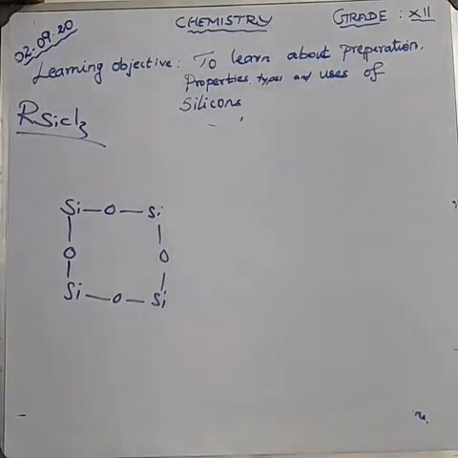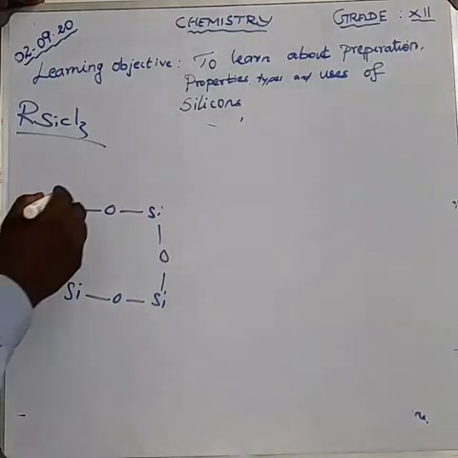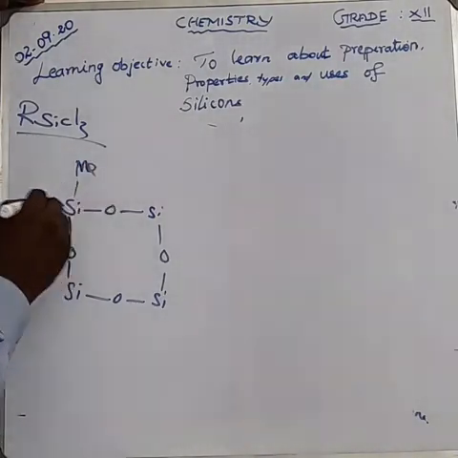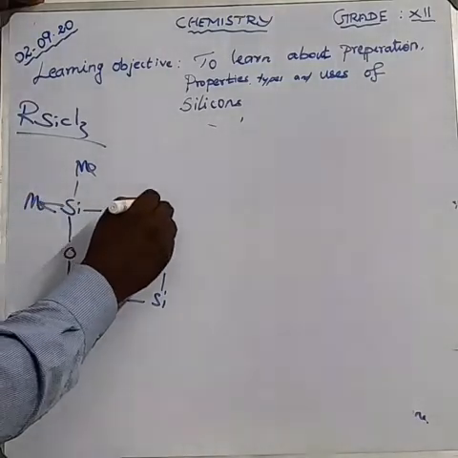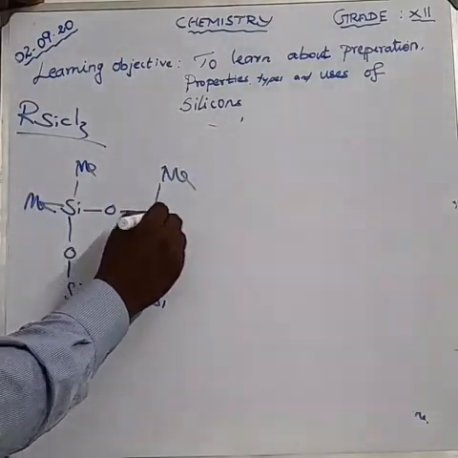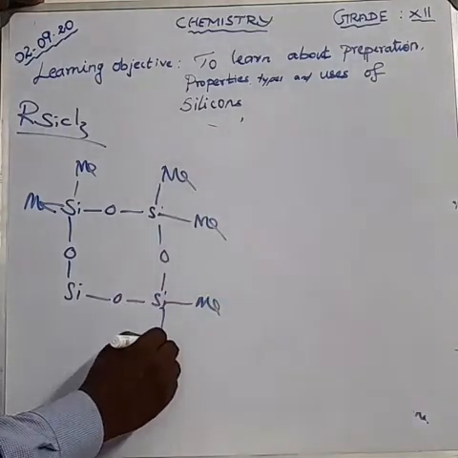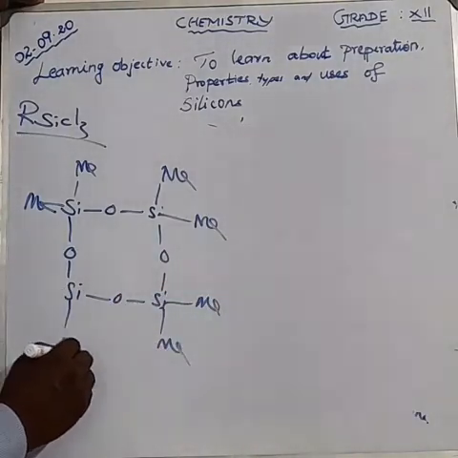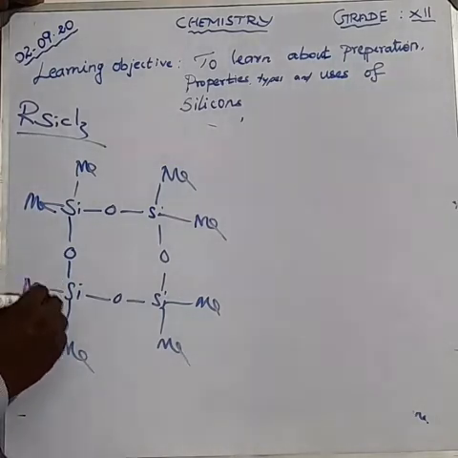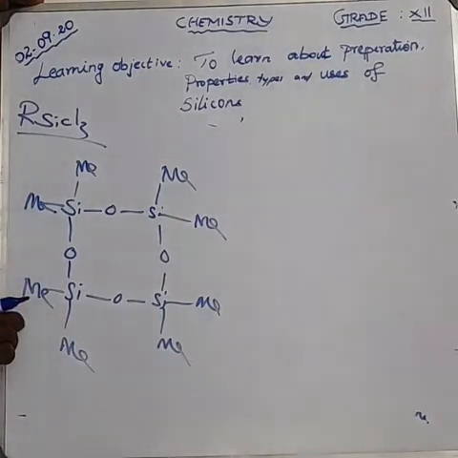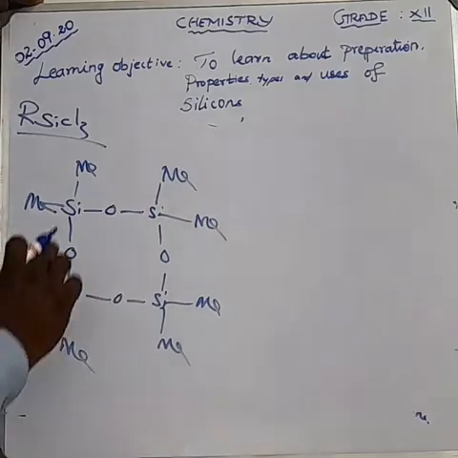Next, to each silicon we are adding 2 methyl groups, one methyl group and a second methyl group, like that. Can you write? This is like a square shape.